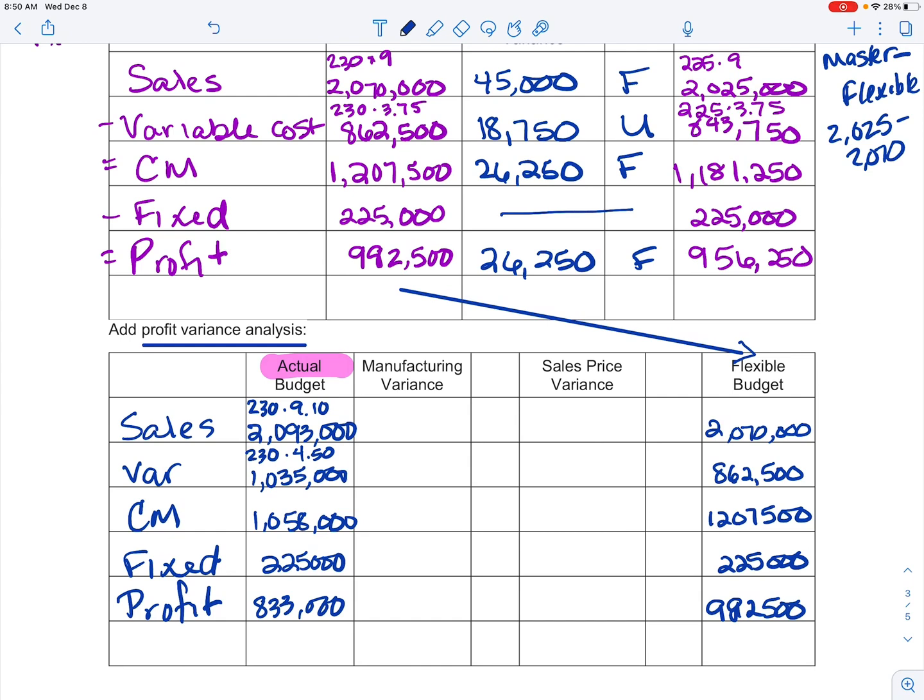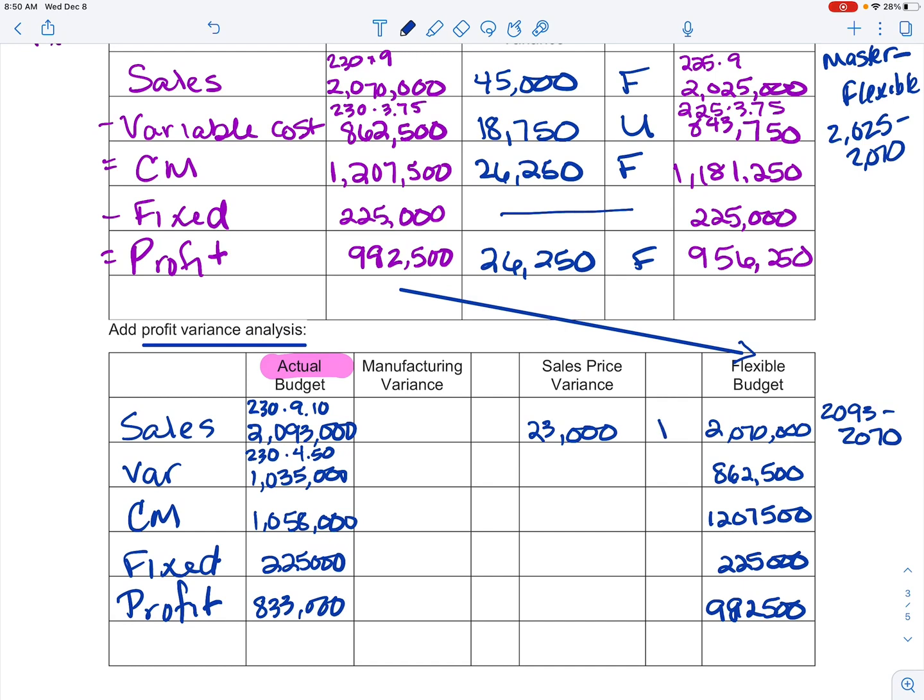Again, here for the sales piece, because it's sales, it goes into the sales variance piece, and I'm going to just subtract the two. 2093 minus 2070. This falls into the sales variance.